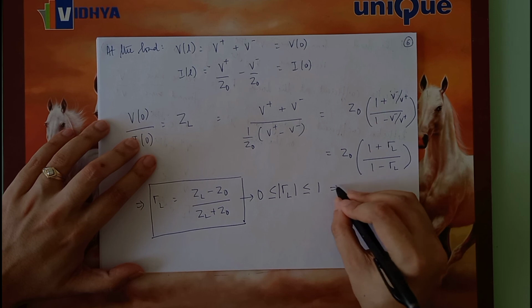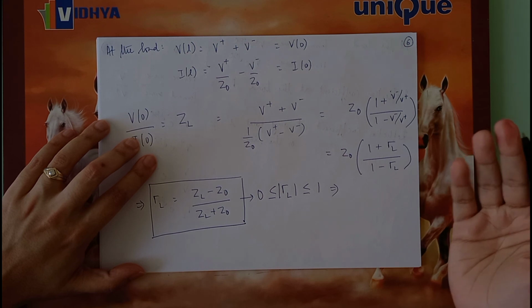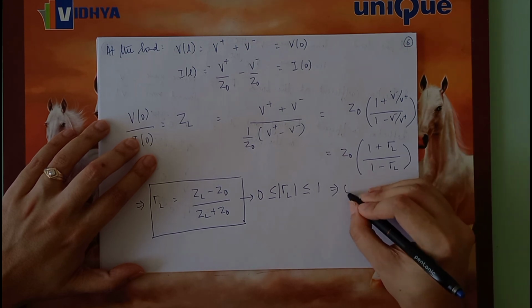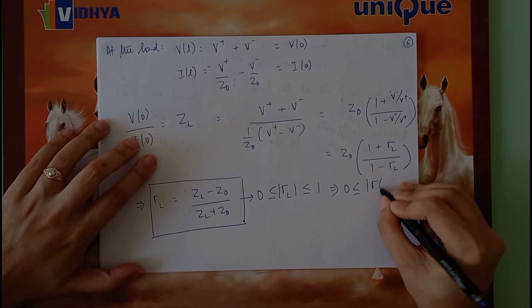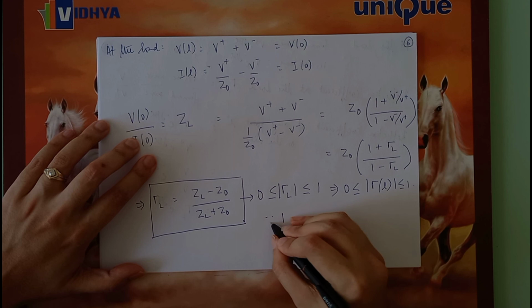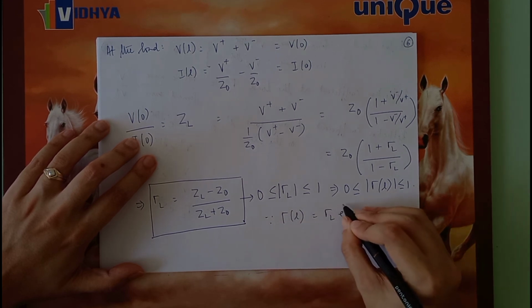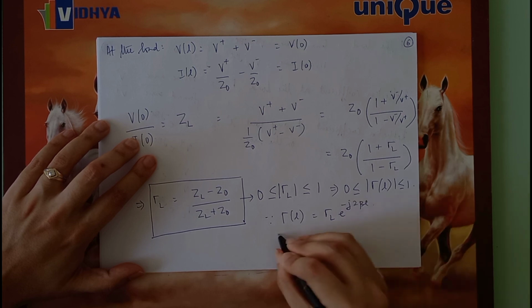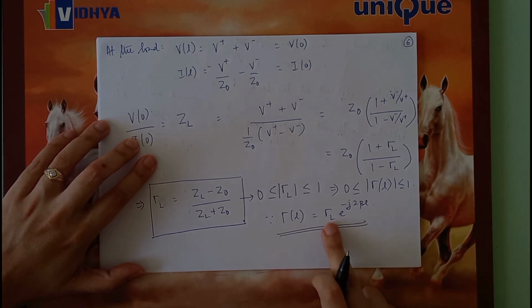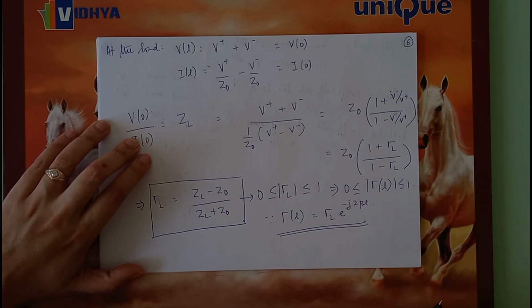So that means if gamma L satisfies this quantity, even the reflection coefficient at any other point of line on the line also will satisfy the same. That is, gamma of L will satisfy this, because as we had defined, gamma as a function of L is nothing but gamma L times e raised to minus j 2 beta L. So if this quantity gamma L follows this inequality, even the left hand side must follow this, because the magnitude of this e raised to minus j 2 beta L can never exceed 1.